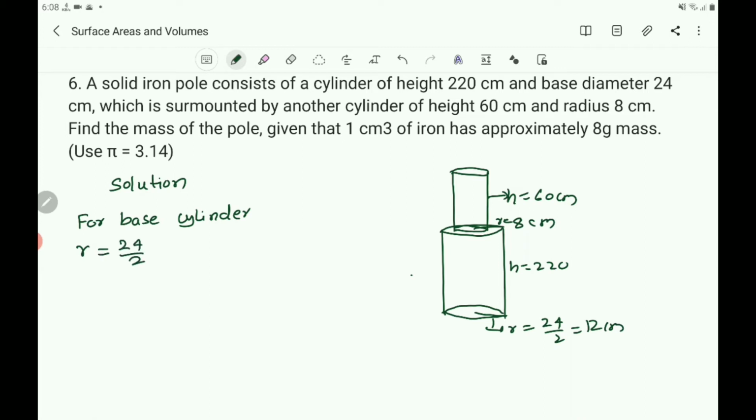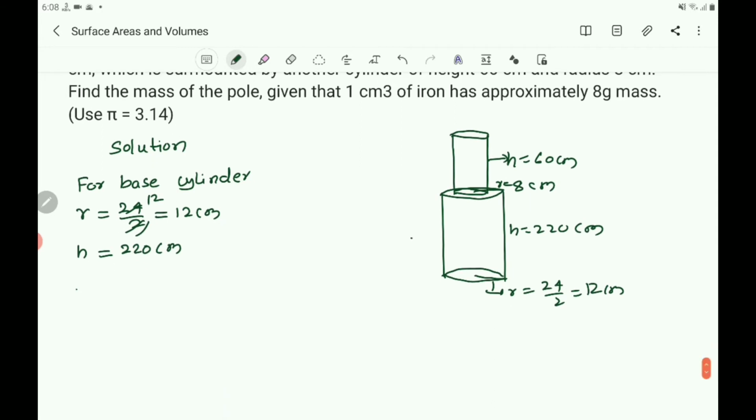The radius is half of the diameter, so R equals 24 by 2, that equals 12 cm. And H equals what? The height of the base cylinder, that is 220 cm.